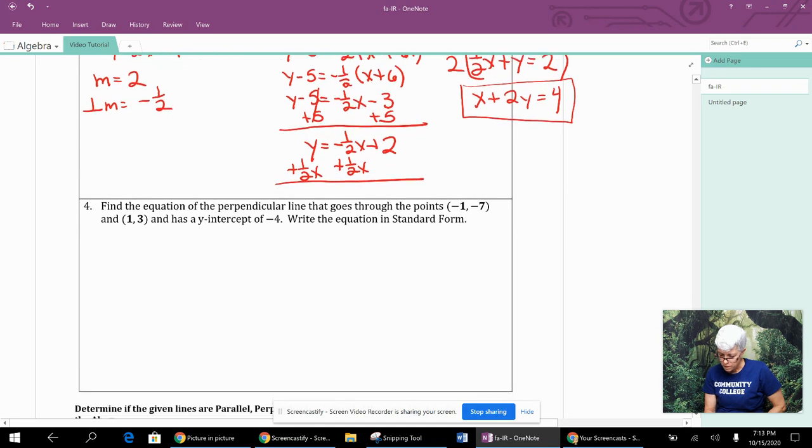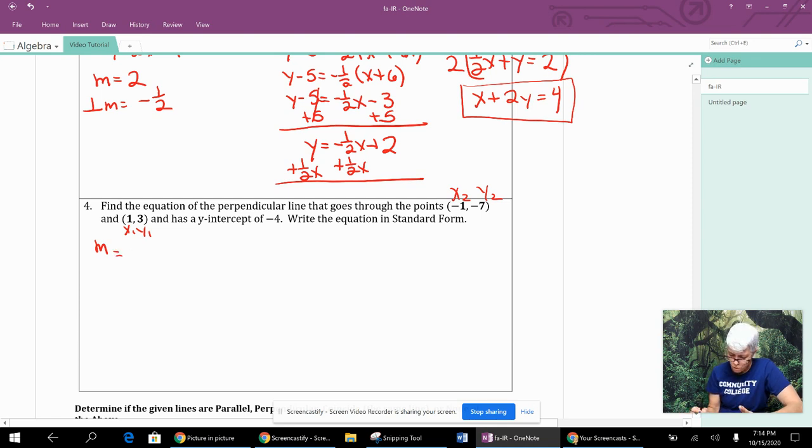Next one. So again, this is going to finish in standard form. Now, they don't have an equation, but they have two ordered pairs, so we have to do the slope formula. So again, I'm going to go ahead and label these x1, y1, x2, y2. Honestly, it doesn't matter what order you did them in, so don't worry about it.